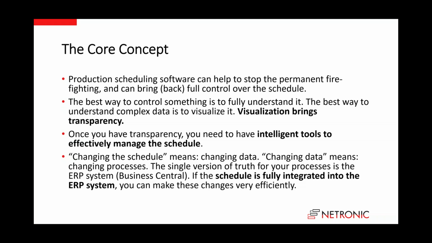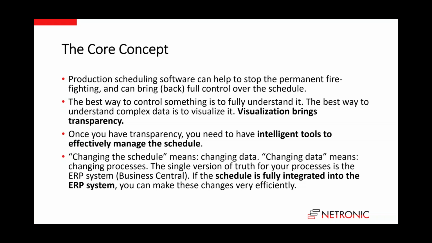So the Visual Advanced Production Scheduler is the only visual, fully integrated advanced production scheduling extension that is currently available. And the VAPS first brings transparency, and with the transparency it helps the users to understand the rather complex manufacturing and scheduling data. And once they have this transparency, obviously they need to then change the schedule.